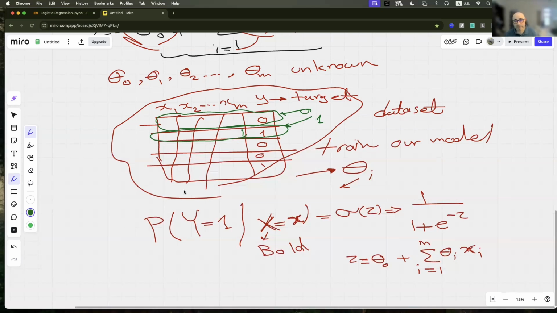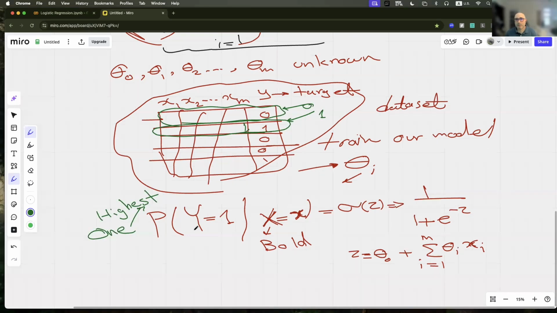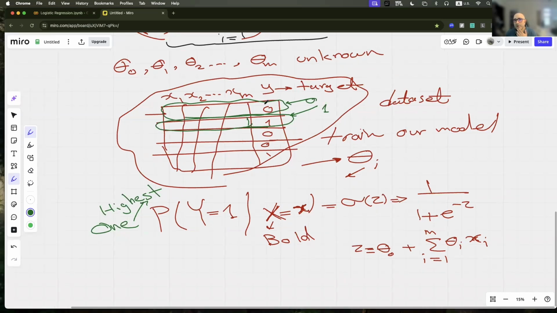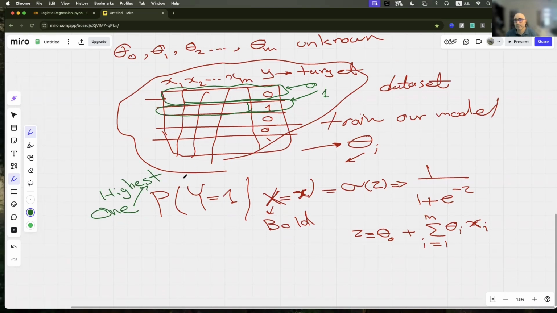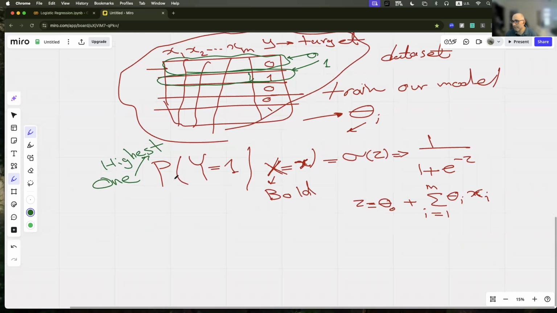And we know that the target is one, so we want the probability to be highest. The same thing applies here: based on these features, the probability is zero, which means the other probability is one in case this value is zero, so we are confident that we predicted correctly.